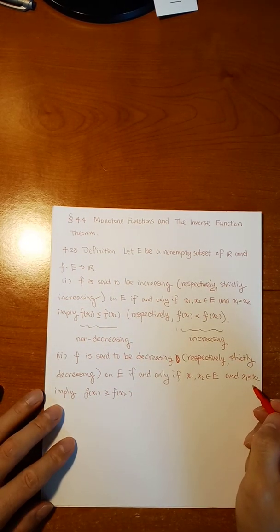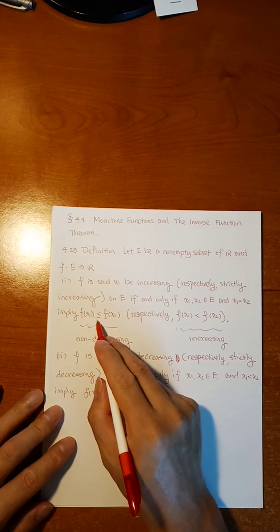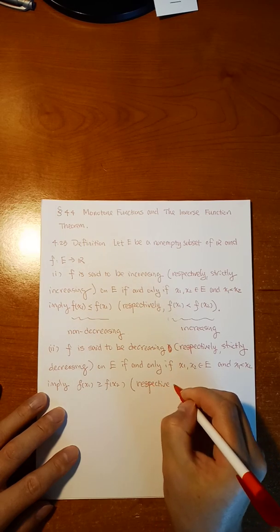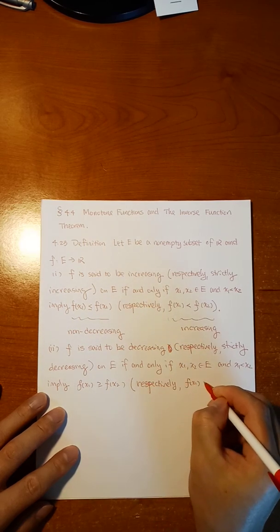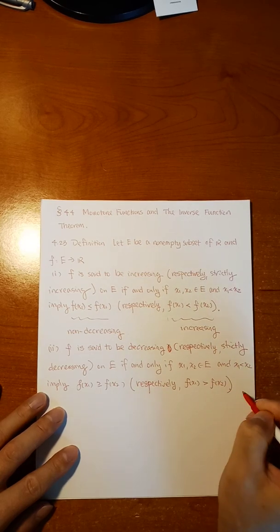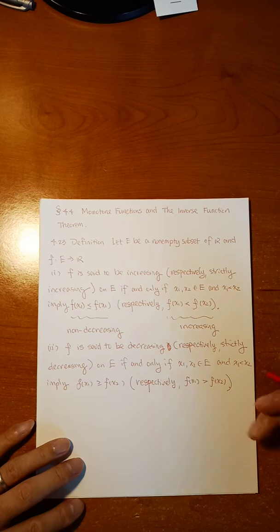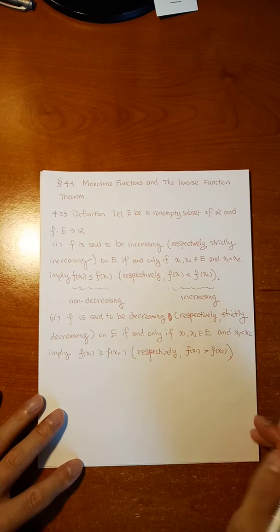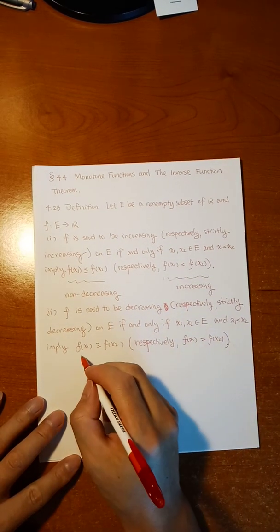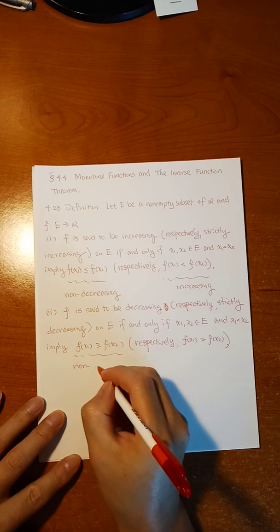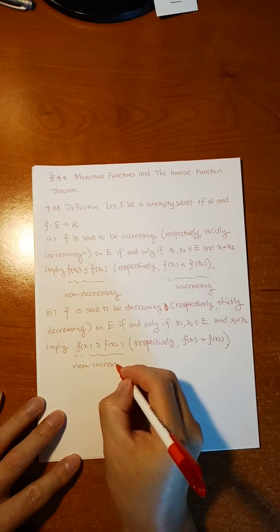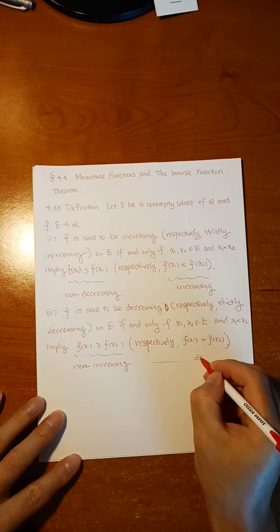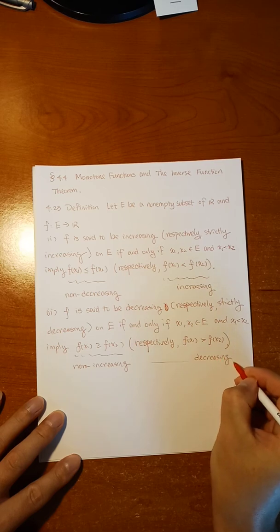So it is always x1 less than x2, but you change the output condition to greater than or equal to, or respectively f(x1) strictly greater than f(x2). This is strictly decreasing: a larger input has a smaller output. Again, this is sometimes called non-increasing, in which case this one is called decreasing.